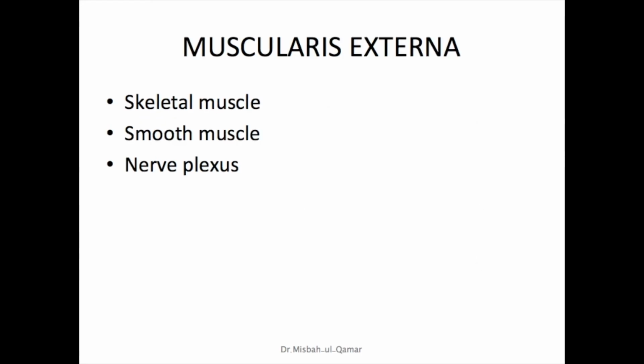Next is our gut's muscularis externa, which consists of skeletal and smooth muscle at varying locations. For example, there is skeletal muscle for voluntary control in mouth, pharynx, upper esophagus, and anus for regulating swallowing and defecation respectively. And then of course there is smooth muscle for involuntary control.